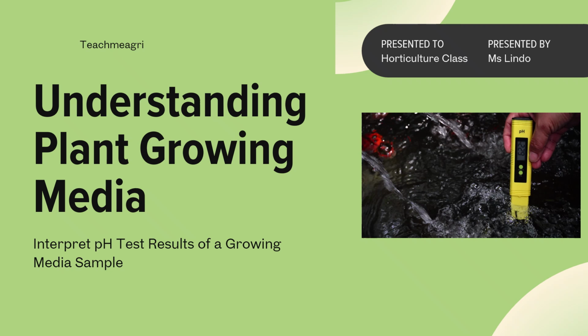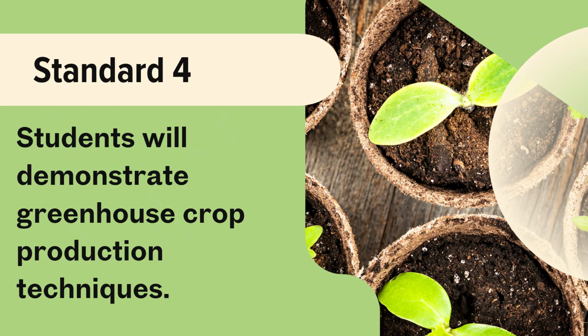So now we're going into the nitty gritty of understanding and interpreting our pH test results, as we have already looked at our results for growing media samples. The standard is still the same.